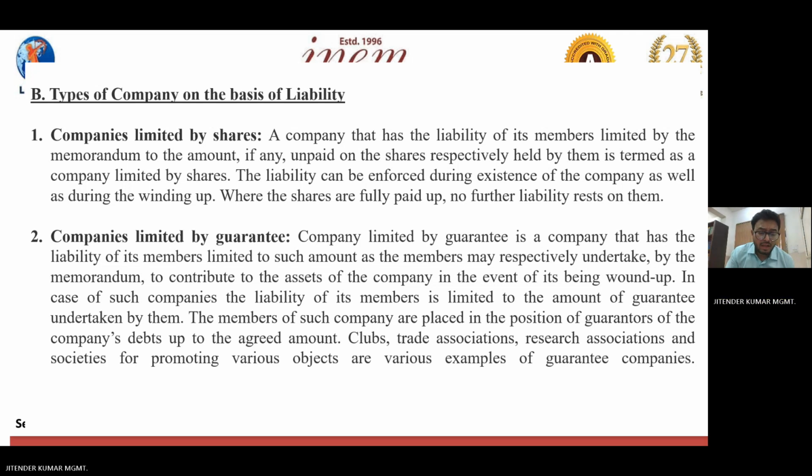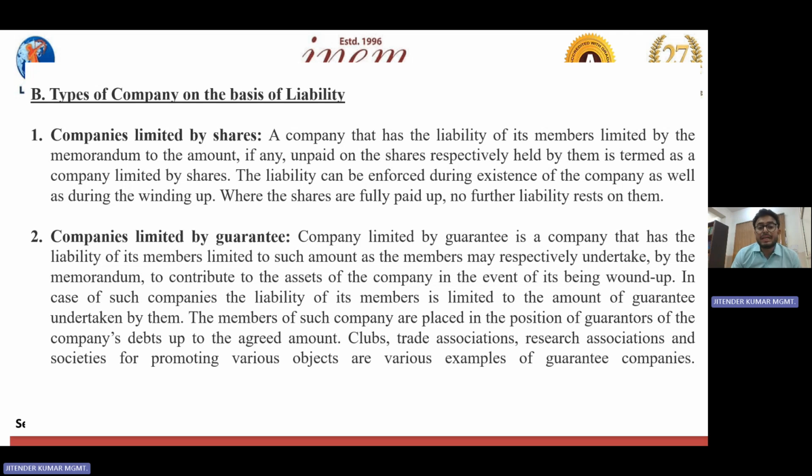Okay. Now the next point is the type of company on the basis of liability. If we talk about the company's liability, it is limited by shares or limited by guarantee. So what is limited by shares and limited by guarantee? We will understand how these work.